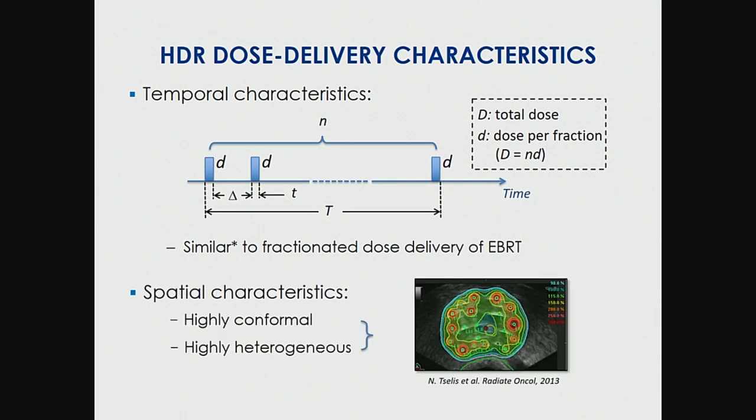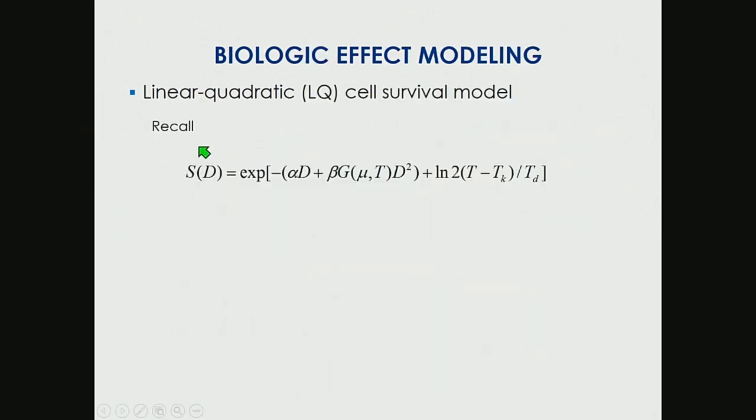However, the dose distribution within the target volume is much more heterogeneous. As we mentioned in the last couple of days, both the temporal pattern and the spatial distribution can have an impact on treatment effectiveness, and both have to be considered from the radiobiological point of view.